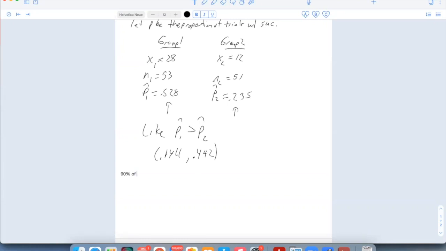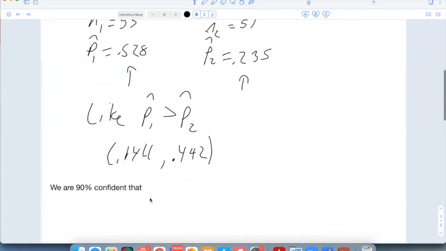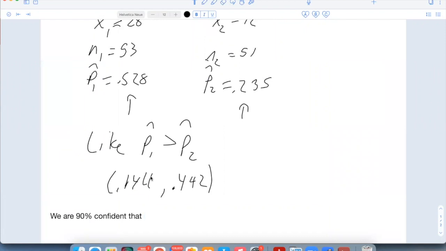The confidence level is not 90% of something. It's we are 90% confident that group 1 is between that and that higher than group 2.